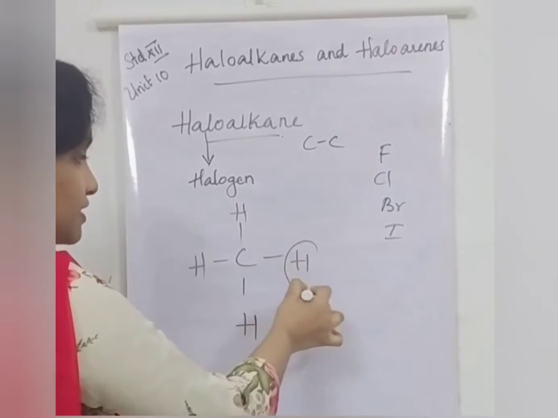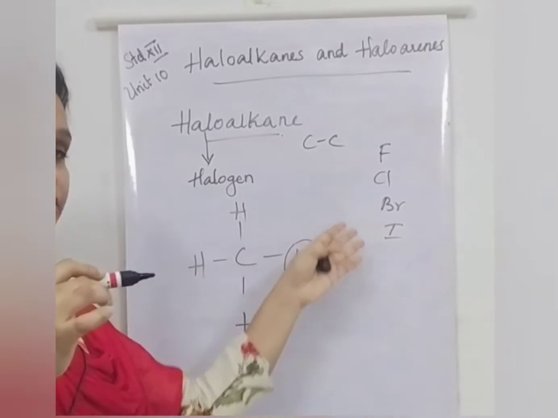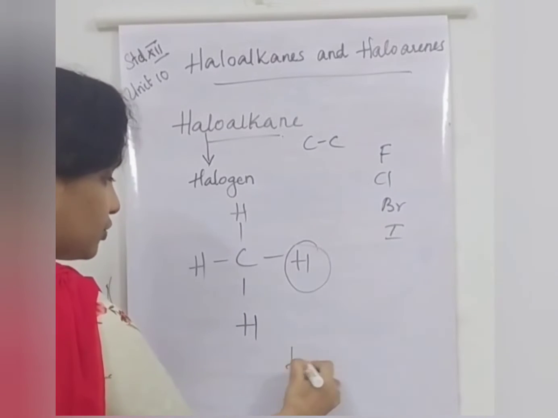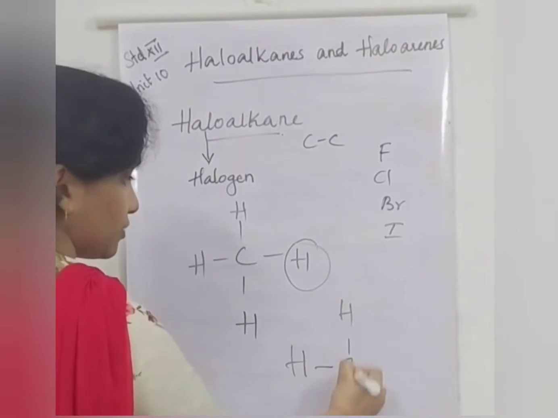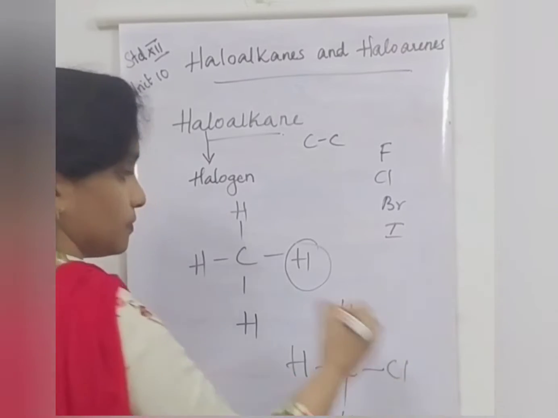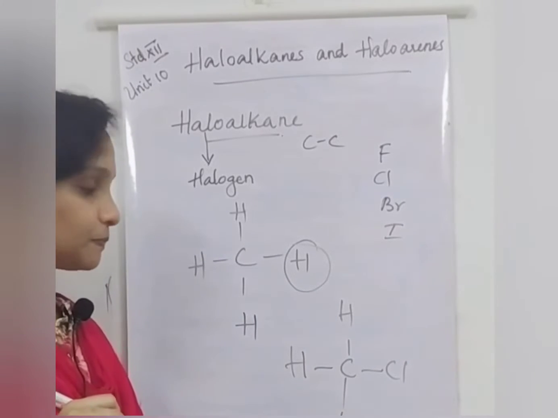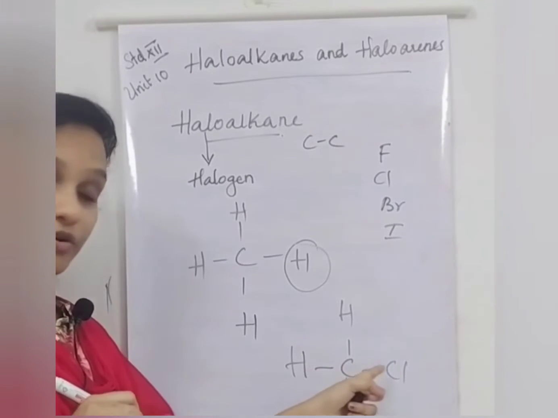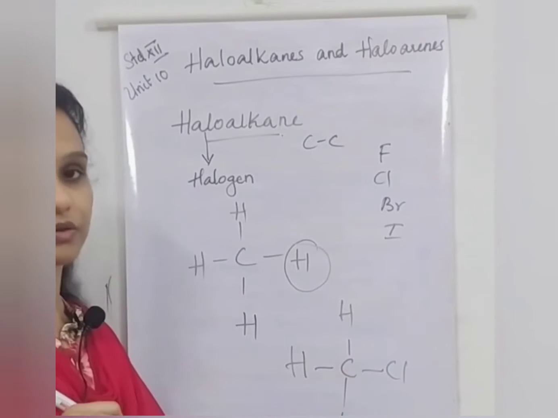I am replacing this hydrogen atom by one of these halogens. For example, if I take chlorine, a haloalkane is formed. We call it chloromethane or methyl chloride.